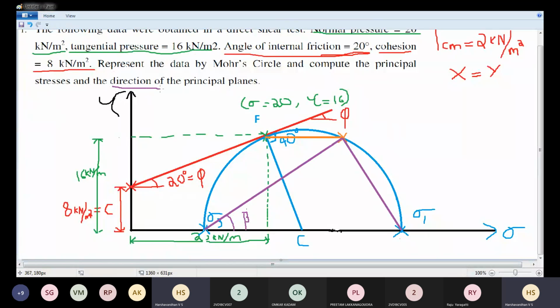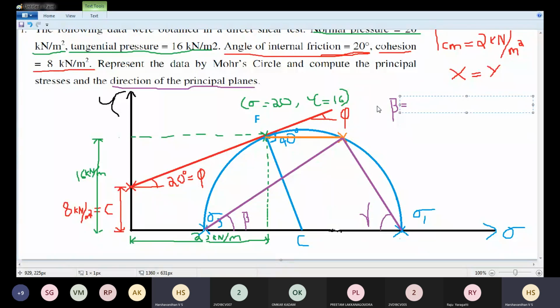Beta is the inclination or direction of the minor principal plane, and this angle, let's say gamma, gamma is the direction of the major principal plane.